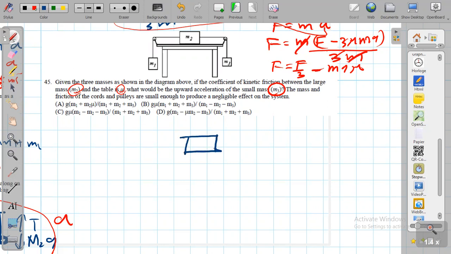Let me copy the object here. It is M2. There is a force of tension here, like T1. That's the same tension here. That's going to be provided by this M3. T2.